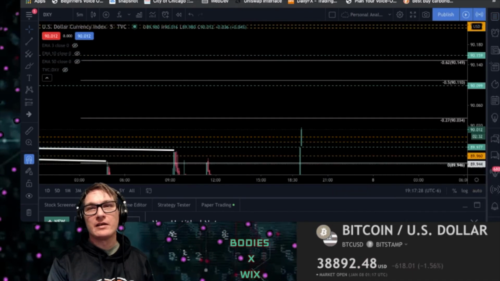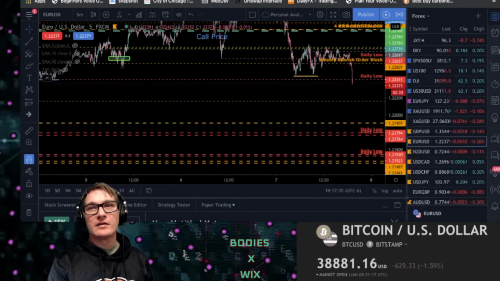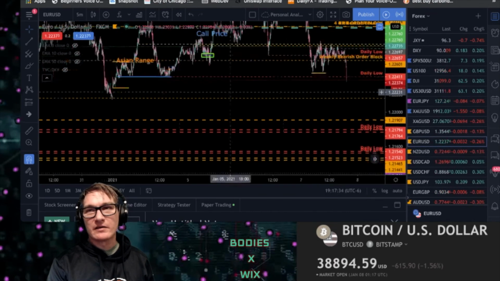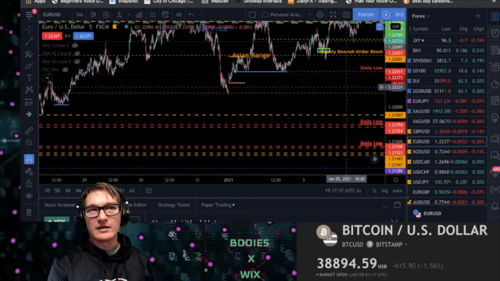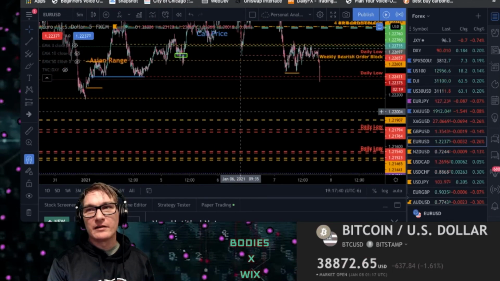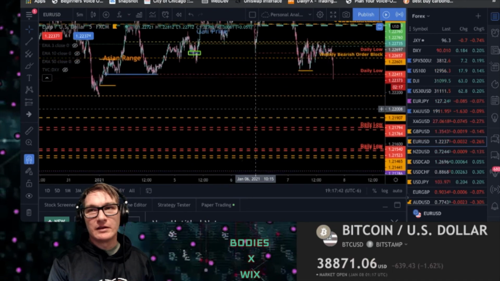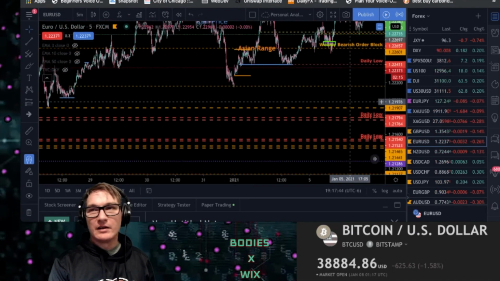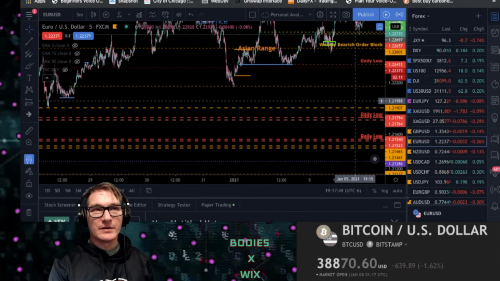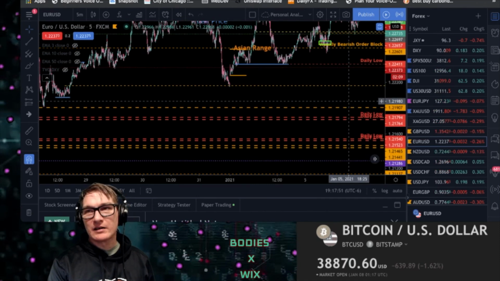We'll have to see if the DXY closes this. If it does, where is that going to stop this? Right? I think that could stop this right around, I think, the 2200 level. I really do. That's going to be right below these equal lows. Get an order block.